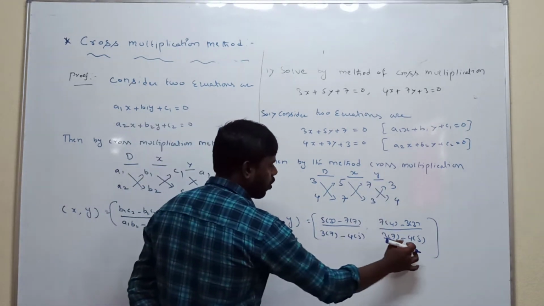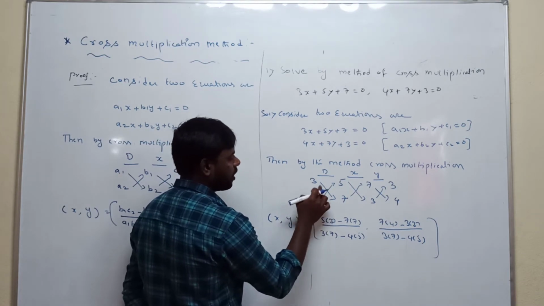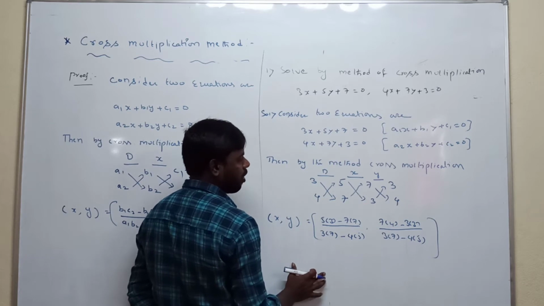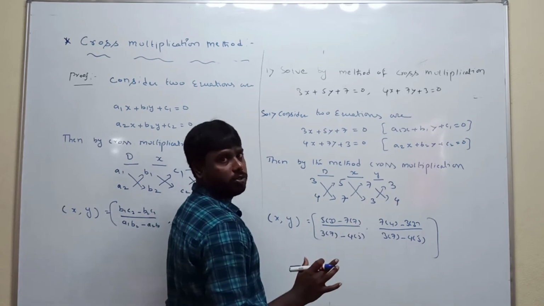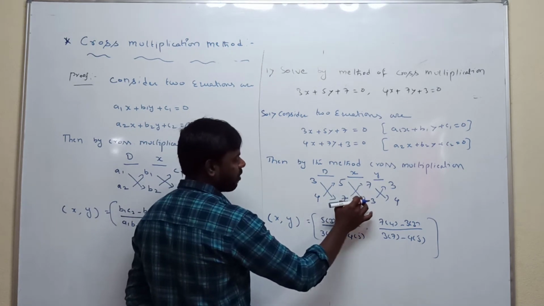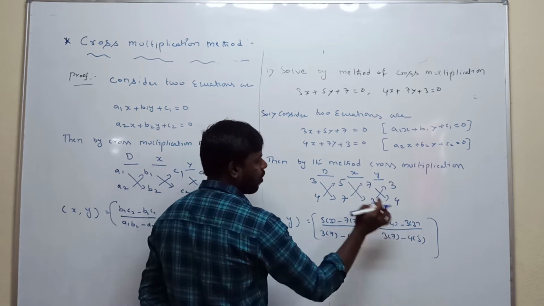X and y denominator both values are the same, so in this way we take 3 into 7 minus 4 into 5. Both x and y denominators are the same, but x and y numerators do not change. So this value we write in the x numerator, and this value we write in the y numerator.